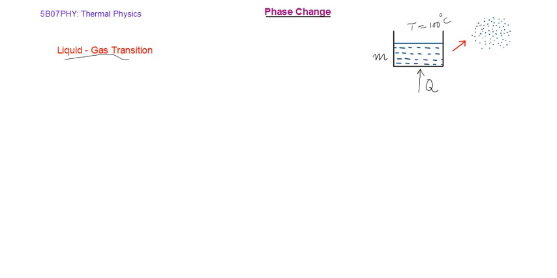Okay, or 373 Kelvin. Now what happens, you know that once you begin to give heat to it, it begins to get vaporized. It will be getting converted into vapor, and the temperature of water will not increase beyond 100 degrees Celsius until the entire amount of liquid water in the container has got converted into vapor, right?